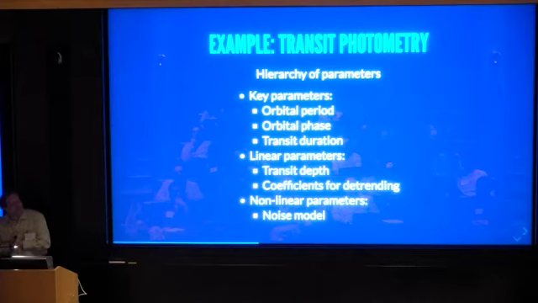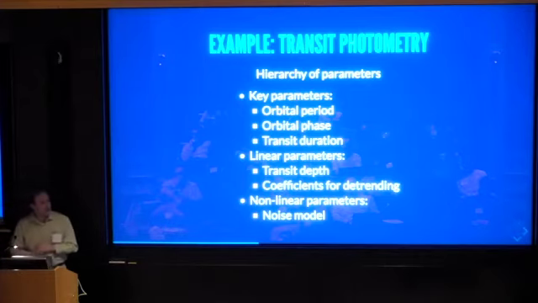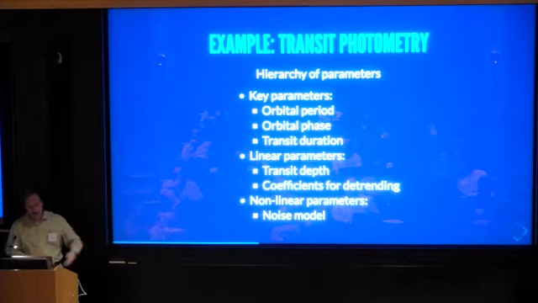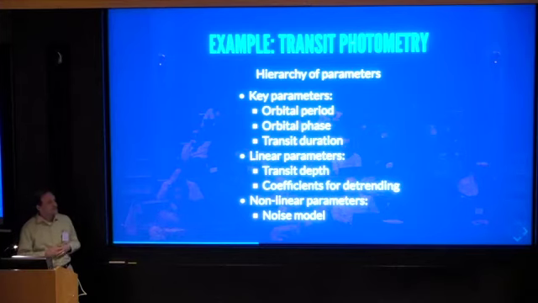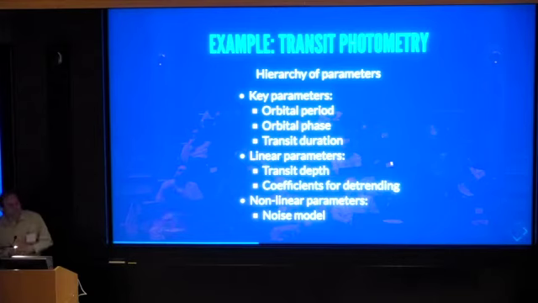In the case of transits, it's a little bit harder. We have the orbital period, phase, and duration, all of which are very important, and there's no way to be clever about them. So we have a very dense grid in period that we search, a dense grid in phase, and a not so dense grid in duration, recognizing that the width of the posterior in duration is broader than in the period and phase dimensions.